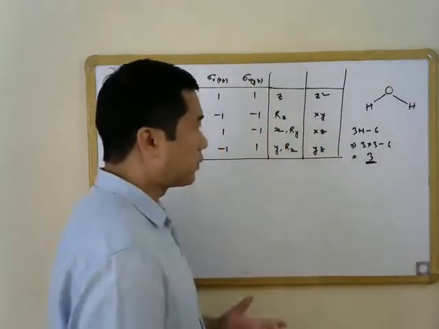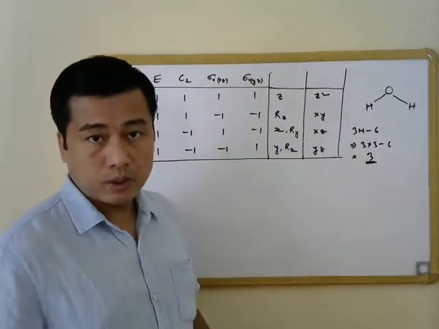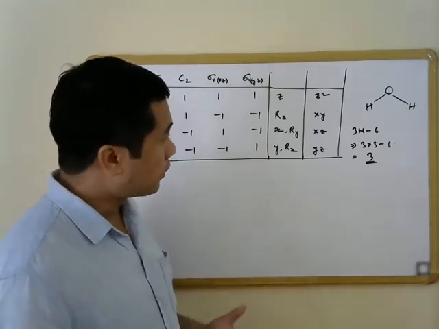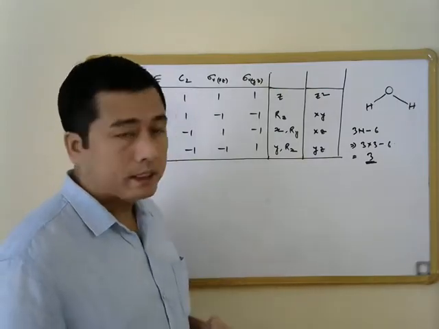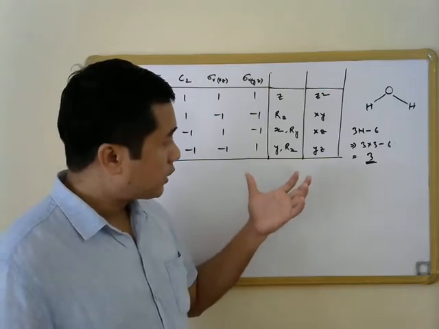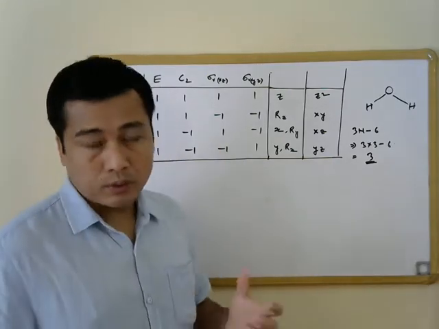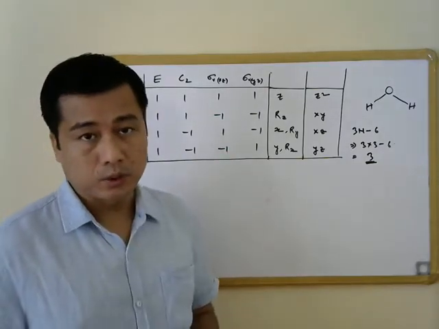So the water molecule has 3 vibrational modes, and during this lecture we will work out the symmetry of these vibrational modes, or in other words, we will find out which irreducible representation in C2v point group each of these vibrational modes forms a basis for.